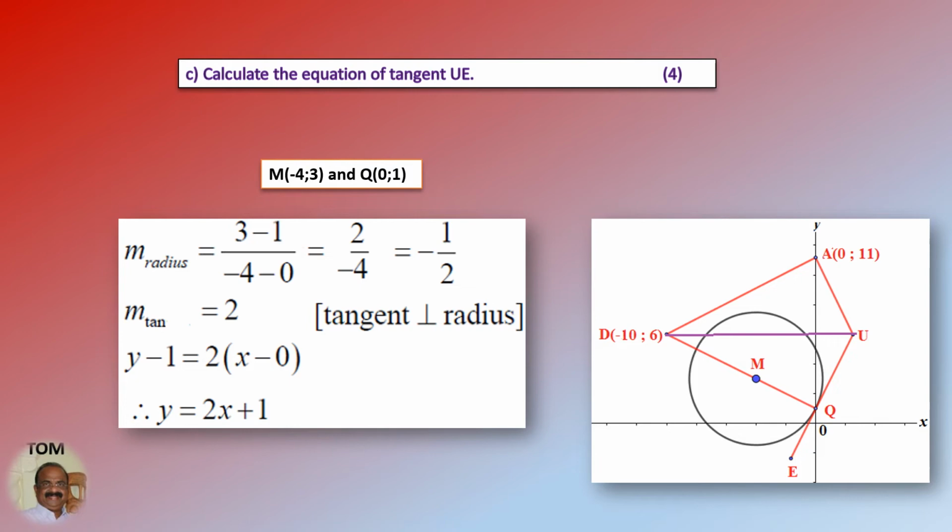And we learned in the previous lessons that tangent is always perpendicular to radius, or radius is always perpendicular to tangent. Then using the property of the perpendicular lines, the gradient of the tangent can be obtained by dividing minus 1 by minus half, which gives us positive 2. Now we apply the formula.